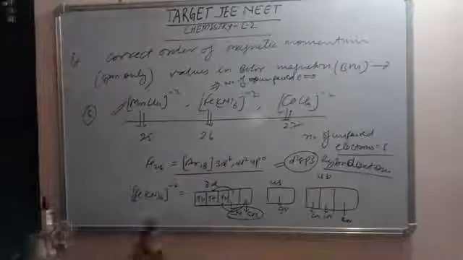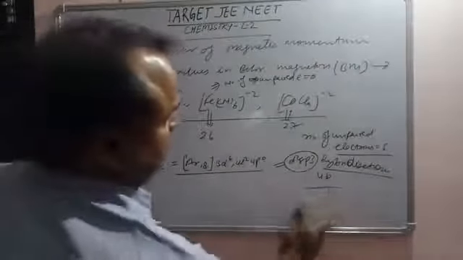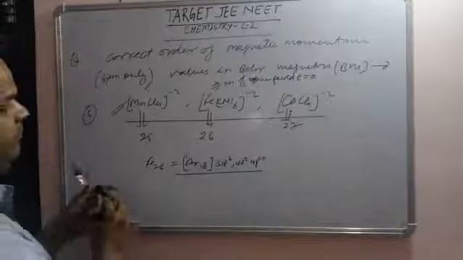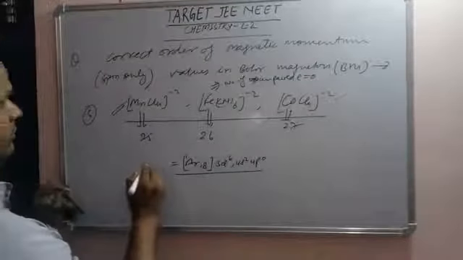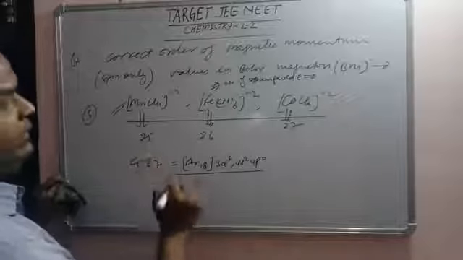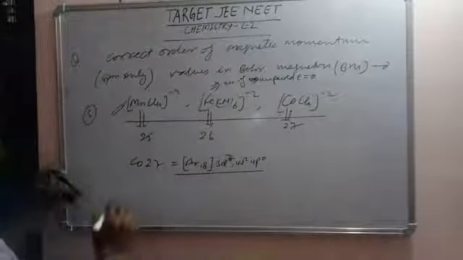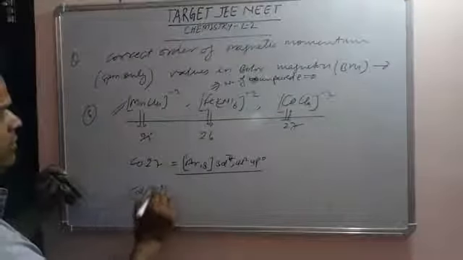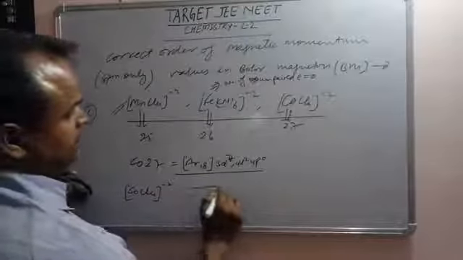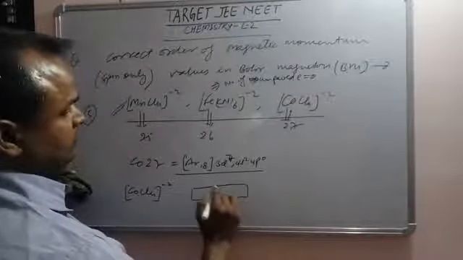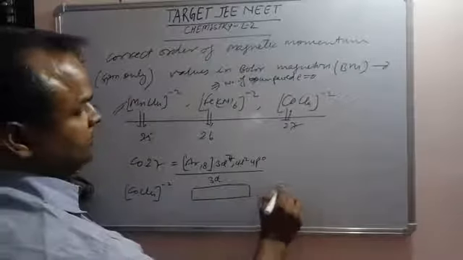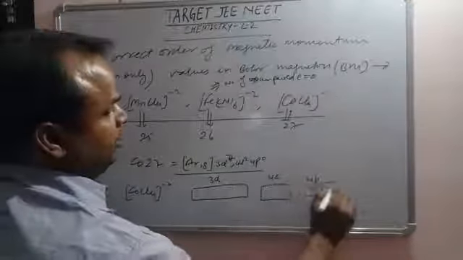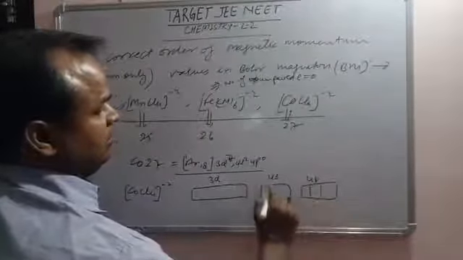Now come to the cobalt. Similar steps, from here you can directly find it out. In this case, cobalt is 27, so it becomes d7. Now directly we can write its structure, CoCl4 minus 2. It means 3d, 4s, 4p, like this.